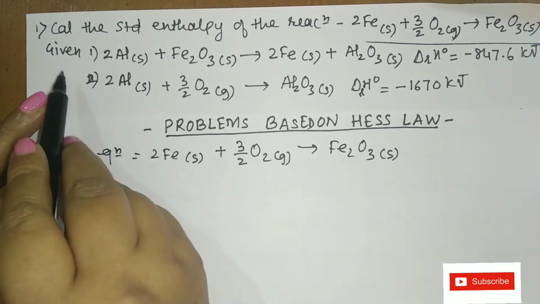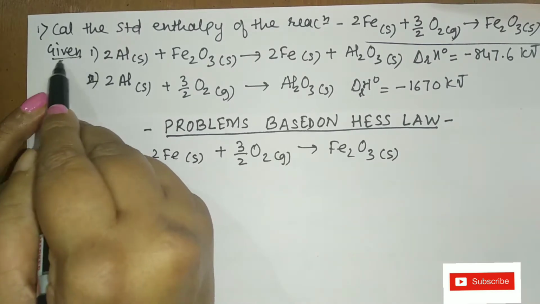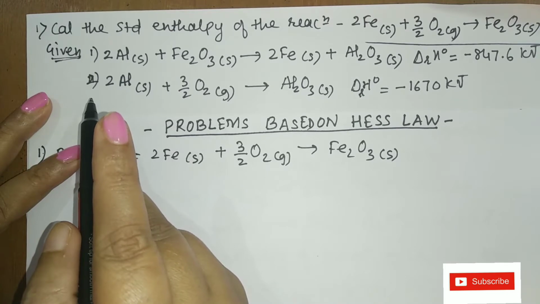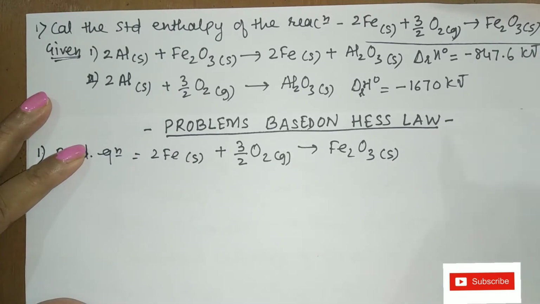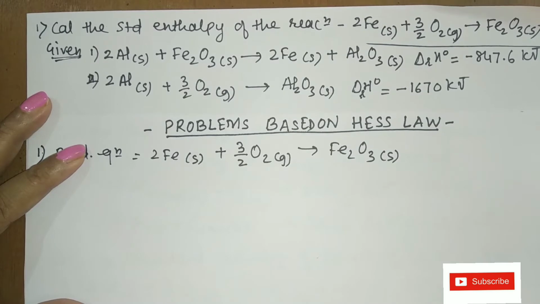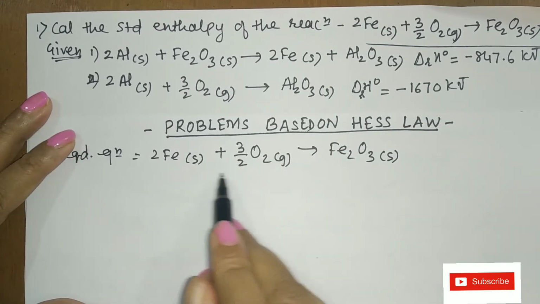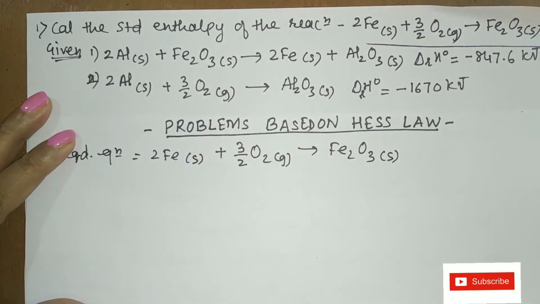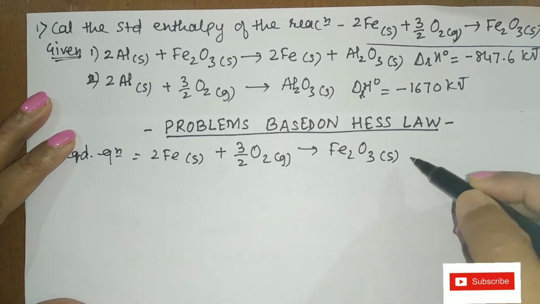Now students, you can see the question here, they have given two equations. The second important thing about Hess law calculations is whatever the data is given, you have to use all the reactions for your calculation. Now students, if I see this required equation, I have to add, subtract, divide or multiply the given data in such a way that I reach this equation.